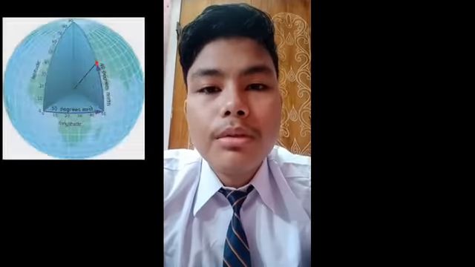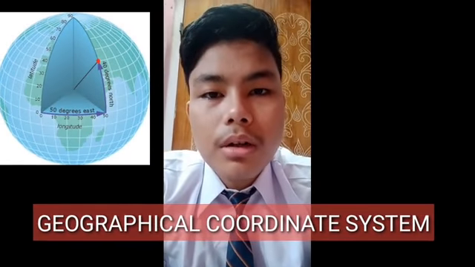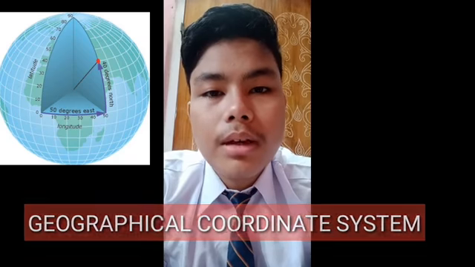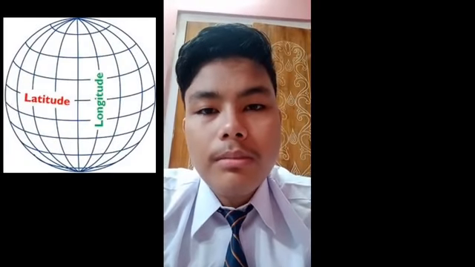Let's see about latitudes and longitudes. For real world locations, describing the accurate location and shape of features requires a coordinate framework. So for this purpose, a special coordinate system called the geographical coordinate system is used to assign geographic locations to objects. You might have studied latitudes and longitudes in geography.